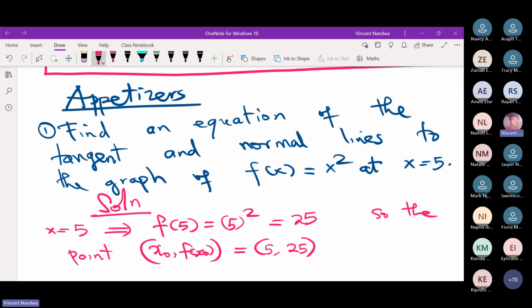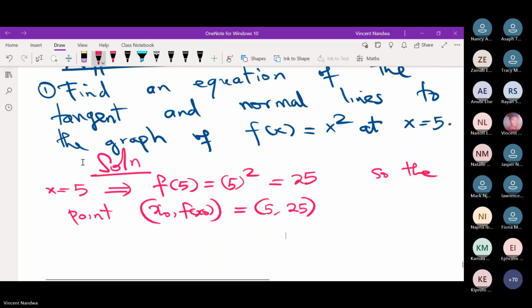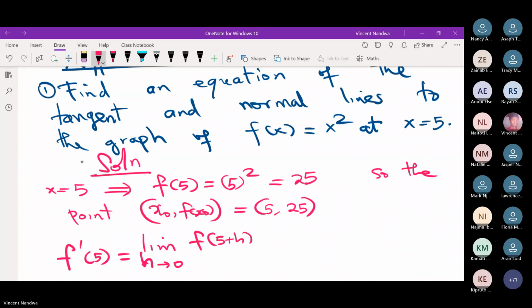Where x naught in the point slope form we replace by 5, and f of x naught is replaced by 25. So the derivative at 5, by definition, will be the limit as h approaches 0 of f of 5 plus h minus f of 5 divided by h.